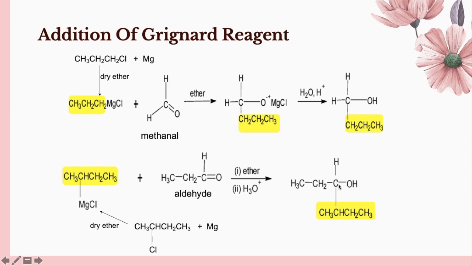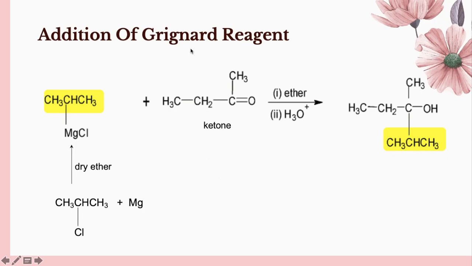The C=O will become C-OH, and this carbon takes the R group of the Grignard reagent. It must attach to this C of the C=O. So this is the product, secondary alcohol. That's for aldehyde other than methanal, so 2 carbons and above.